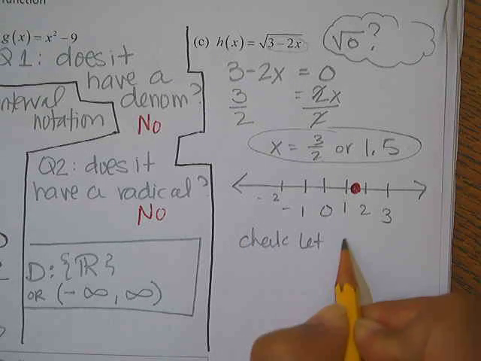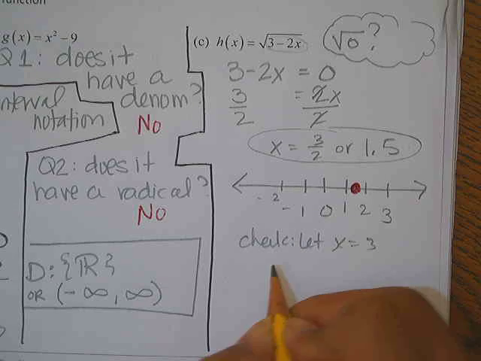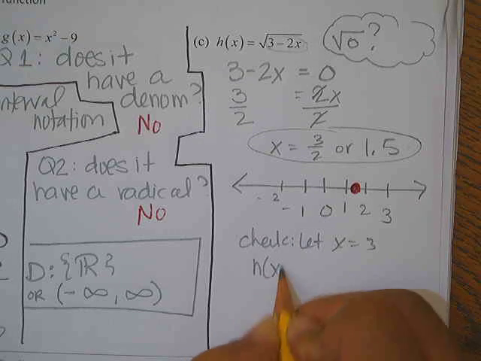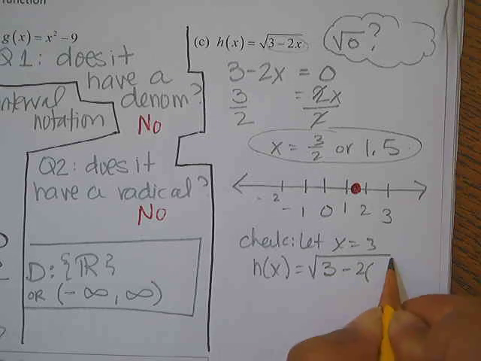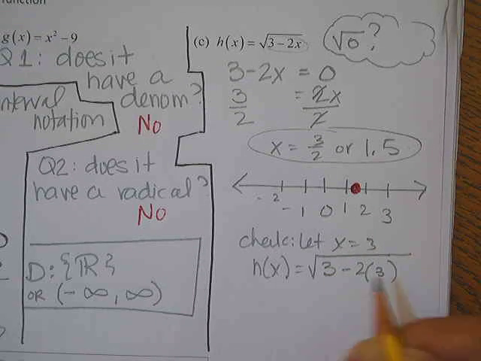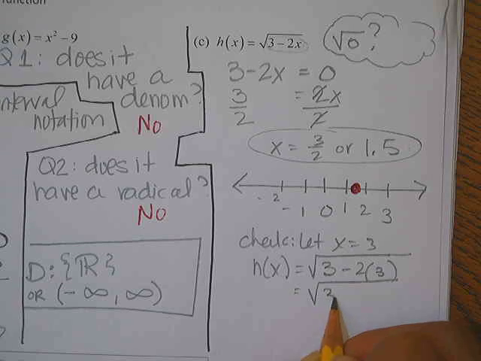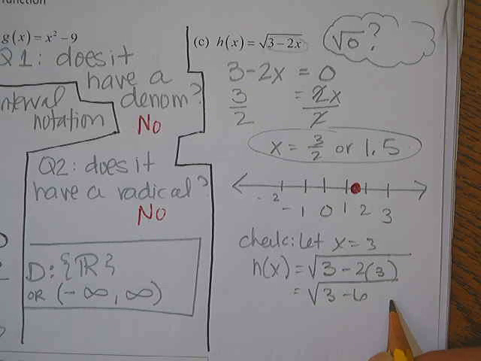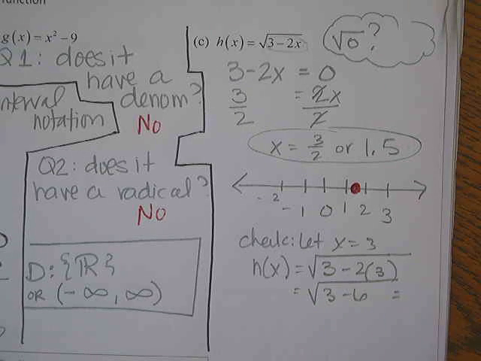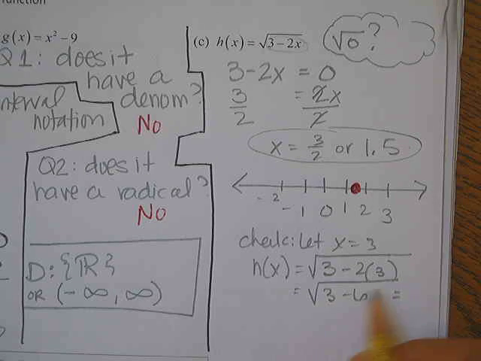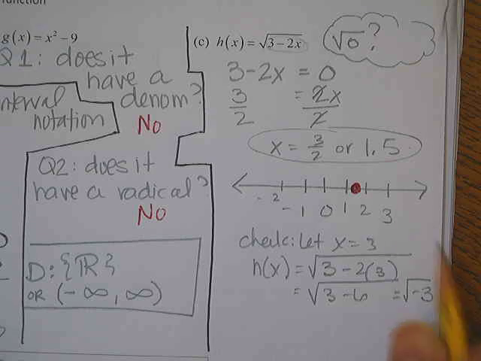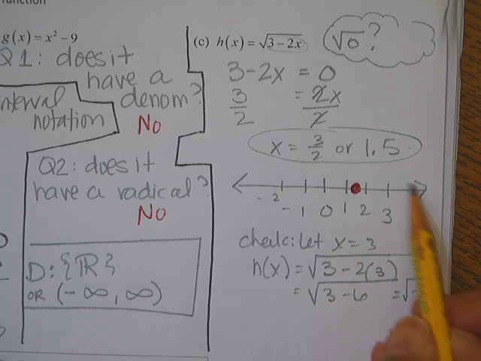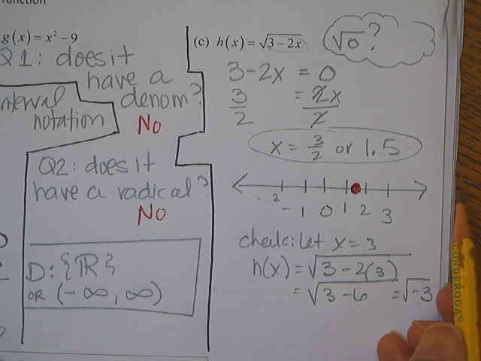Let x be 3. So we write h of x equals radical of 3 take away 2 times 3, which is 3 minus 6. Is that a negative number or a positive number? 3 take away 6 is going to be -3. This is a negative number. So we're not going to have any solution to the right of 1.5.